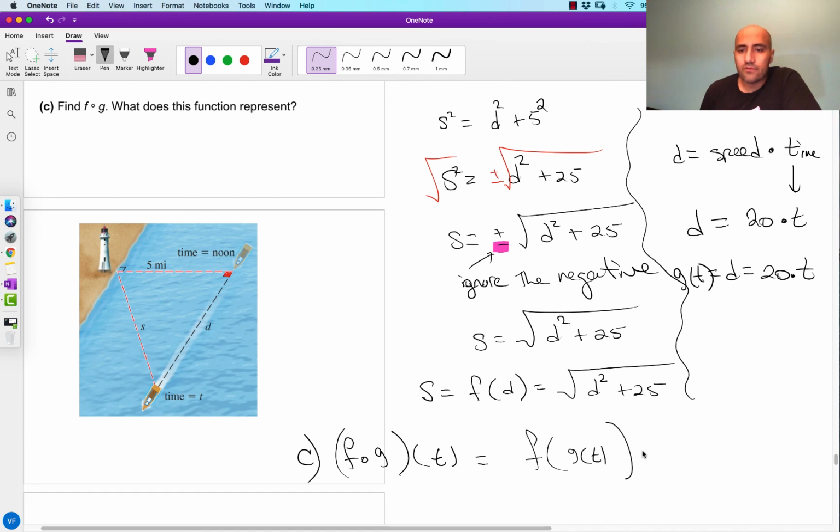Good. So then this is equal to the square root of g of t squared plus 25, which is in turn equal to the square root of 20t squared plus 25.